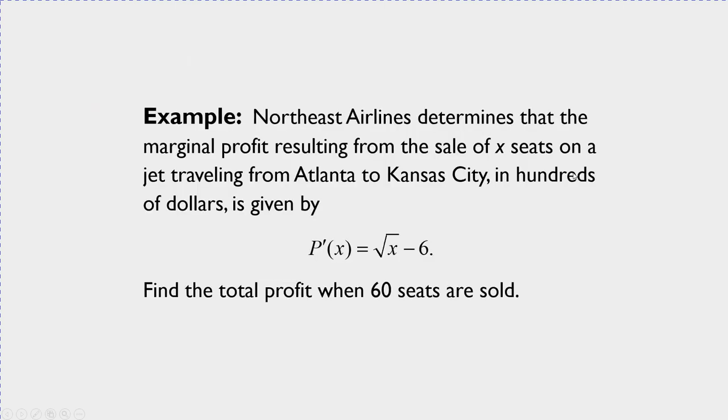Okay, here's the last problem. So Northeast Airlines determines that the marginal profit, okay, so we know that this is a derivative when you hear the word marginal. If P of x is the profit function, P prime of x is the marginal profit.